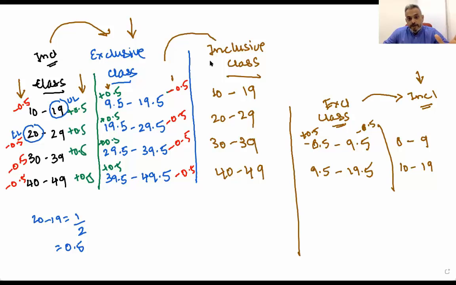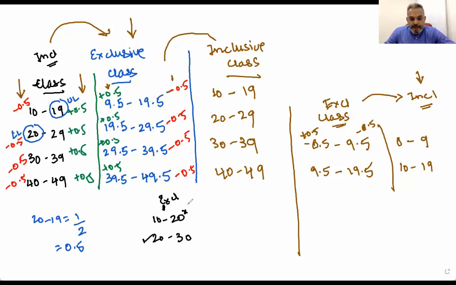Okay, once again. What is the difference between exclusive and inclusive? Let's understand this once again. Say a class is given to you: 10 to 20, 20 to 30. Now this is known as exclusive because when 20 comes in the data, you will put a tally mark over here and not over here.